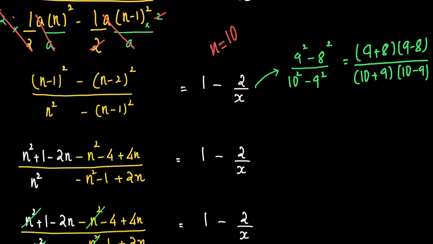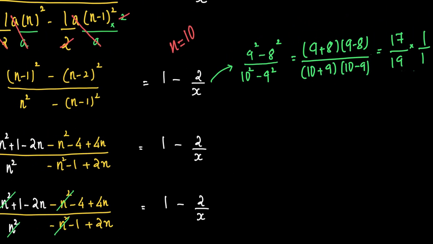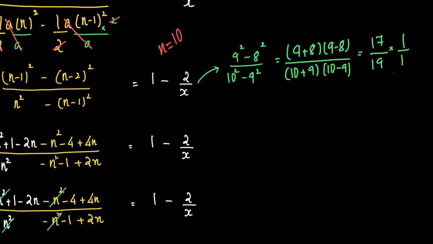So I've expanded using a square minus b square, a plus b into a minus b, which will give us the answer as 17 by 19. And what is this equal to? It's equal to 1 minus 2 by x. So we have 1 minus 2 by x is equal to 17 by 19, and therefore x is equal to 19. Yes, you can solve it that way.